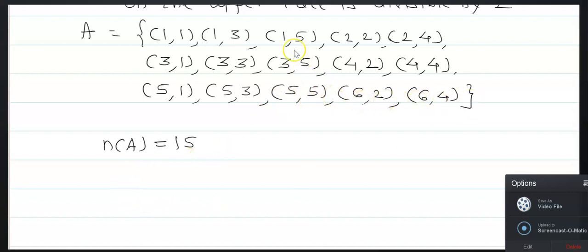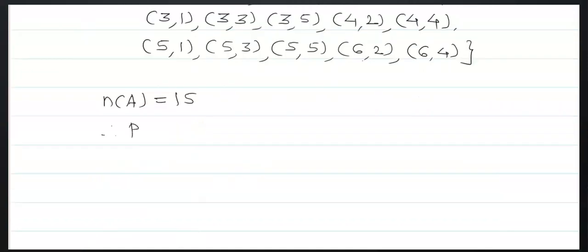Therefore n of A is equal to 15. Therefore P of A is equal to n of A upon n of S, that is 15 upon 30.